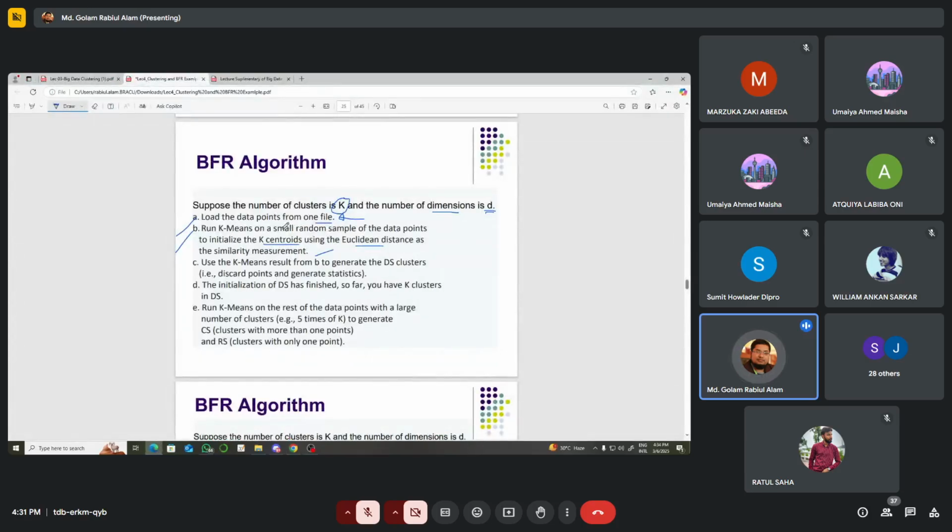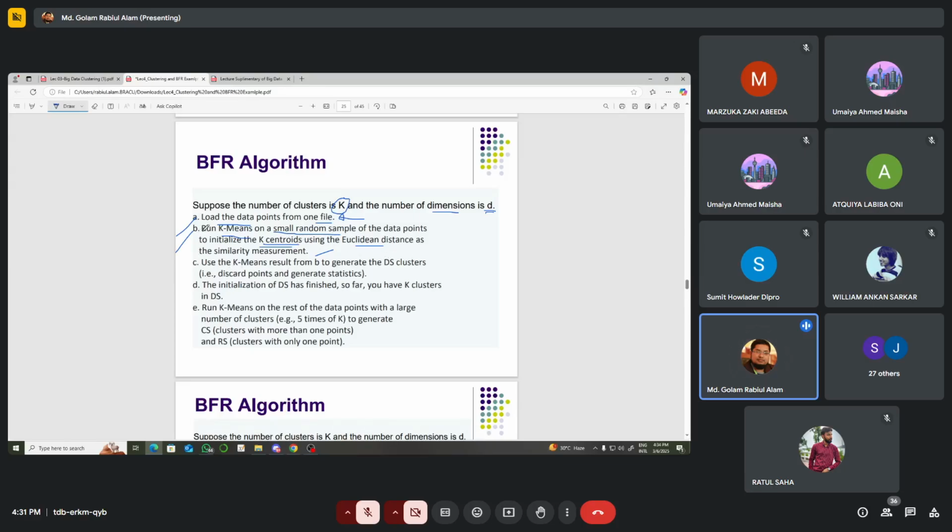That means we have loaded a chunk, but not all the data points are used here in the K-means algorithm. We just pick a random sample of data points and try to find the k centroids using the Euclidean distance, applying the K-means algorithm there.